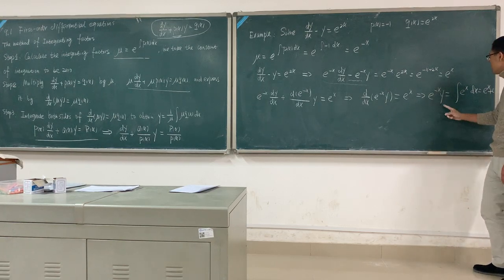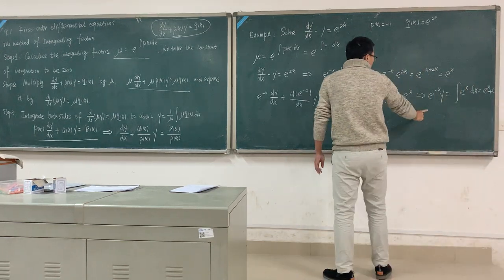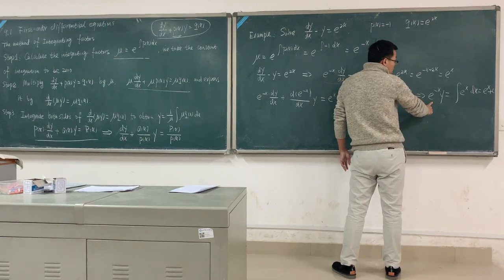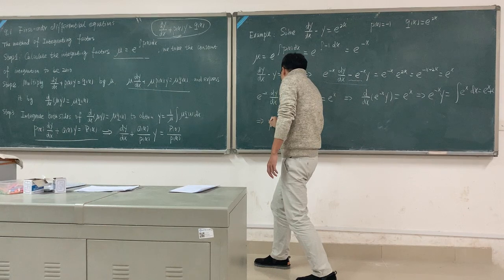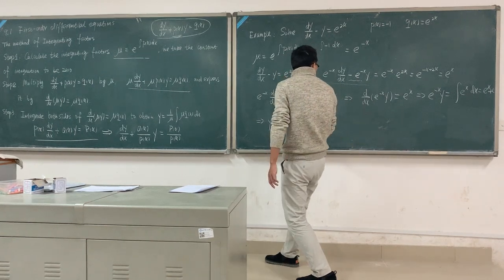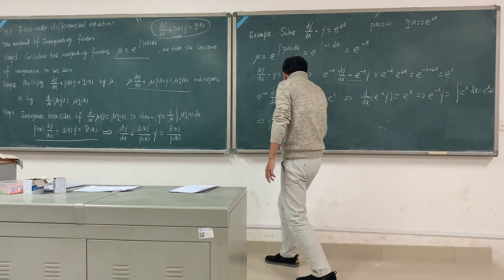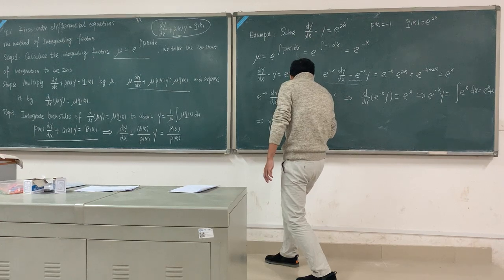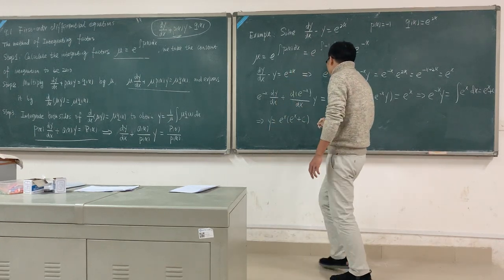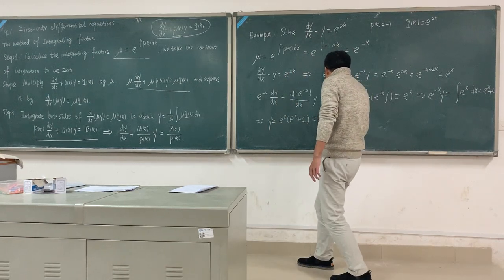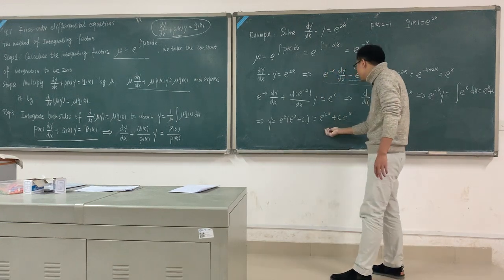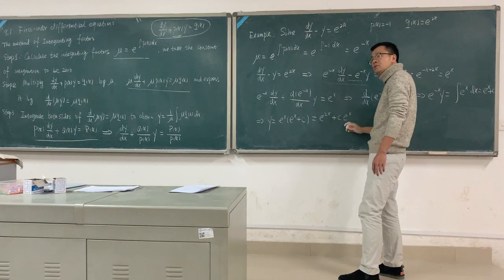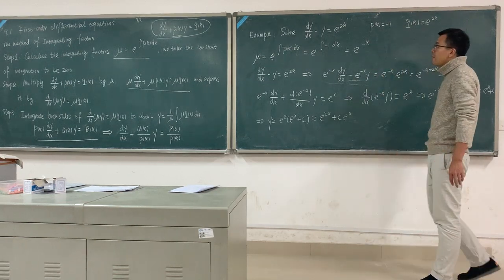So we multiply by e to the x on both sides, and we have y equal to e to the x times e to the x plus c, so actually it's e to the 2x plus c e to the x. This is the general solution.